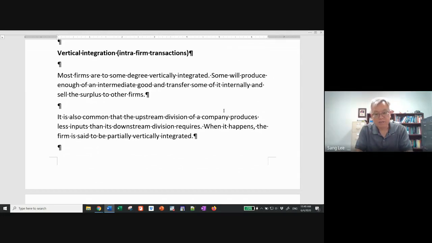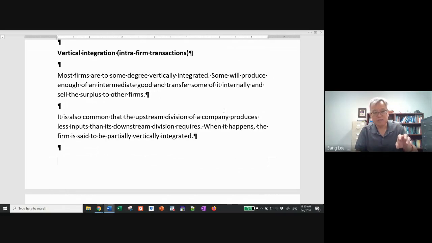But it is also common that the upstream division of a company produces less input than its downstream division requires. When it happens, the firm is said to be partially vertically integrated, because the downstream division requires a lot more input than the upstream division produces. So how can the downstream division fill the gap?